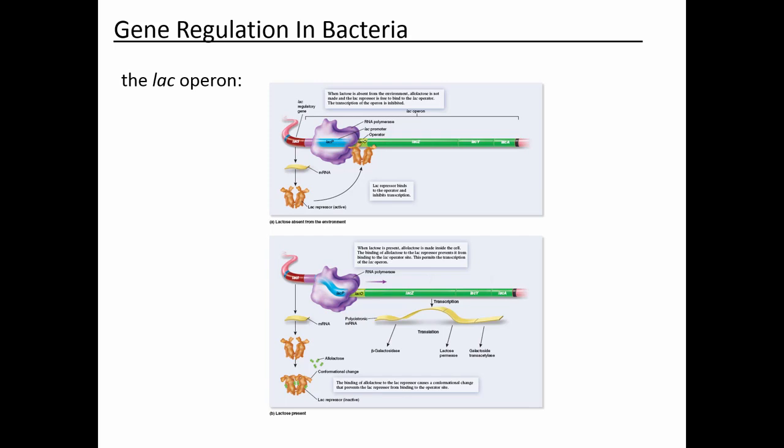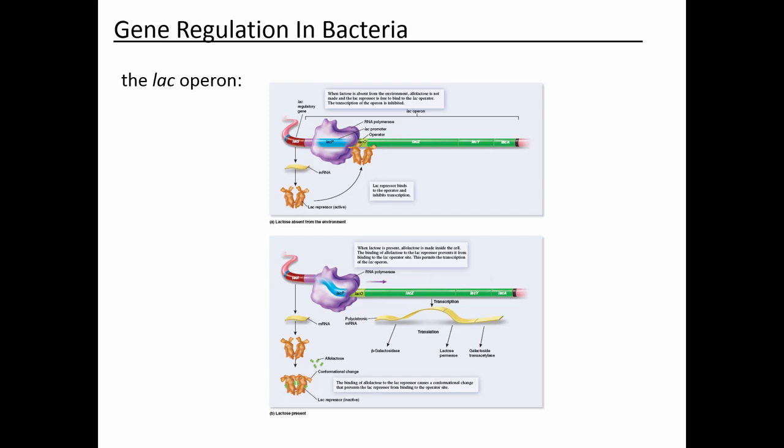Anytime that you lack lactose, you're not going to get transcription because the repressor is going to be bound to the operator. And then when you have lactose present, I told you that there's this side reaction that produces allolactose, and that allolactose is going to control the repressor by binding to it. Allolactose binds the repressor and inactivates it, which means that now the repressor cannot bind to the operator.